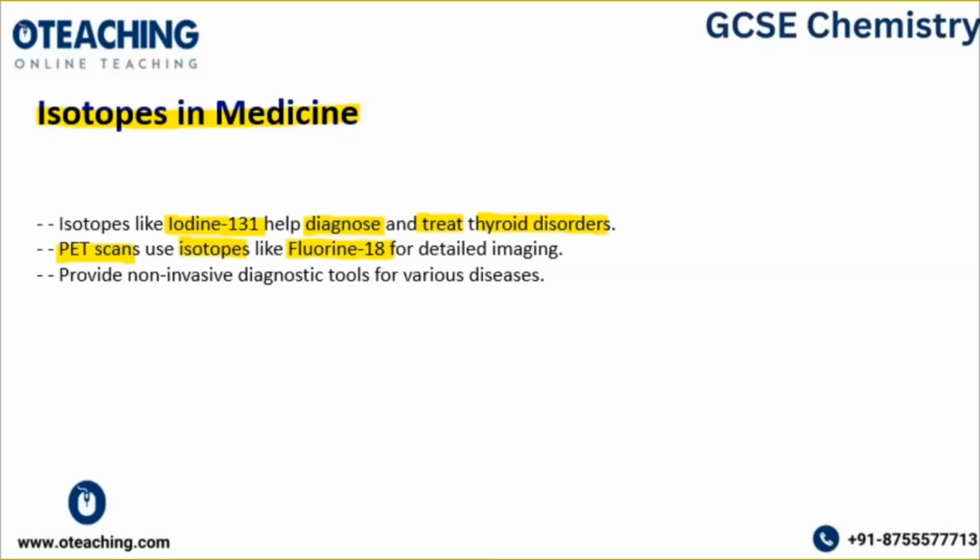It provides non-invasive diagnostic tools for various diseases. Non-invasive means there is no need to insert an instrument and check. Just the radiations are given, and it is a non-invasive tool which can help us diagnose various diseases.